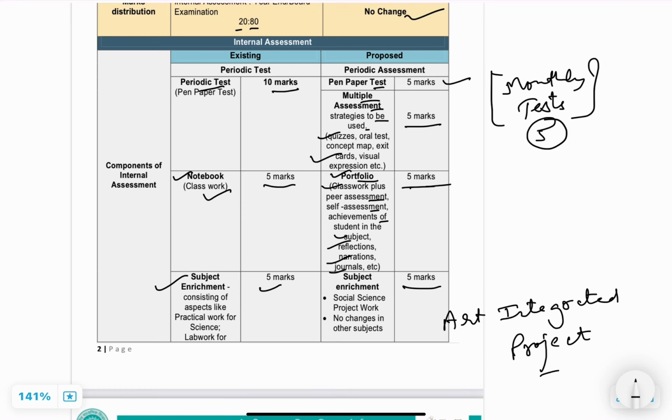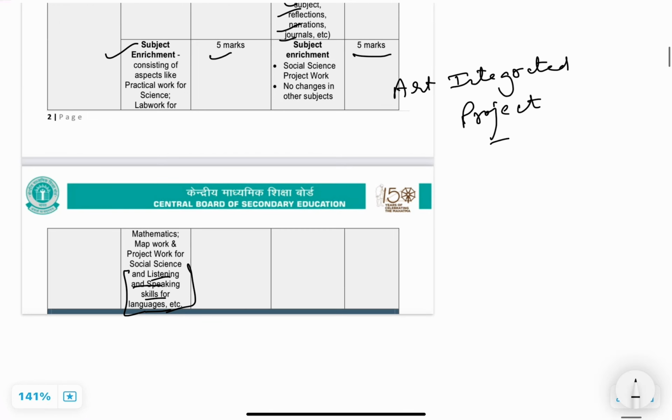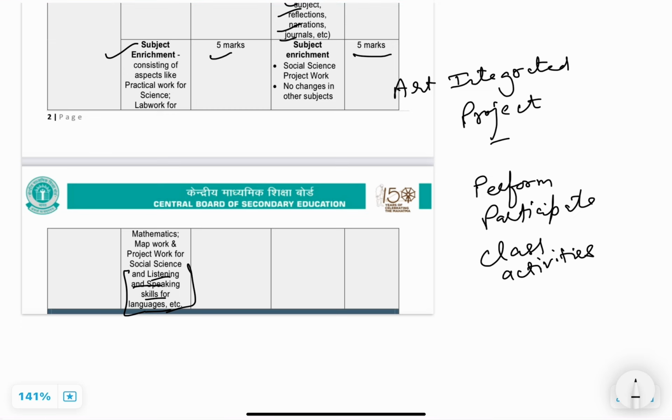This means these 20 marks are in your hand, and to grab these 20 marks, what you are to do? You are to perform and participate in all the class activities. Whatever your teacher will plan for you throughout the session, in class activities you are to participate.